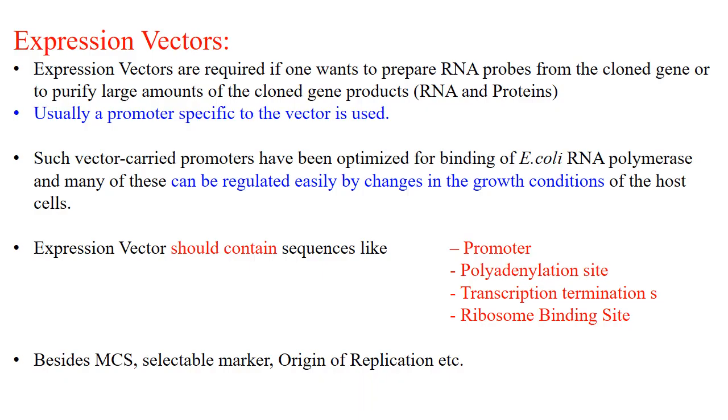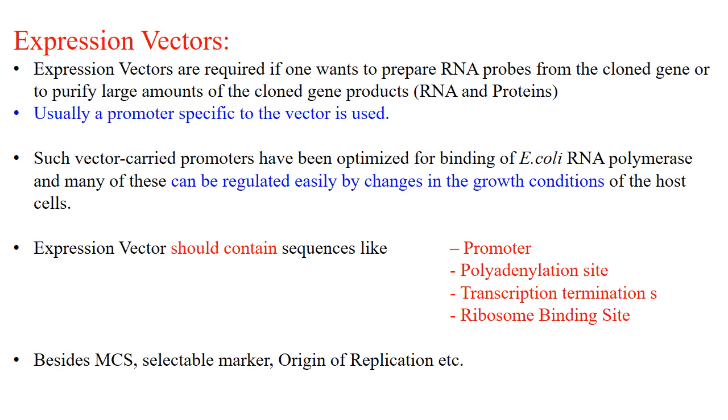Expression vectors. Expression vectors are required if one wants to prepare RNA probes from the cloned genes or to purify large amounts of cloned gene products like RNA and protein. Usually a promoter specific to the vector is used, which can be regulated easily by changes in growth conditions of the host cells.